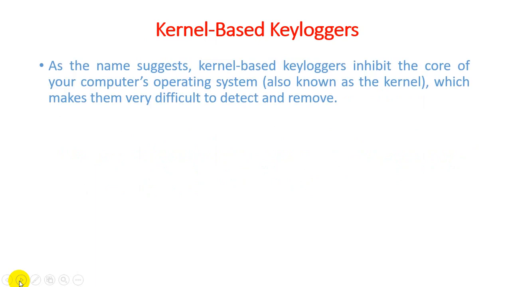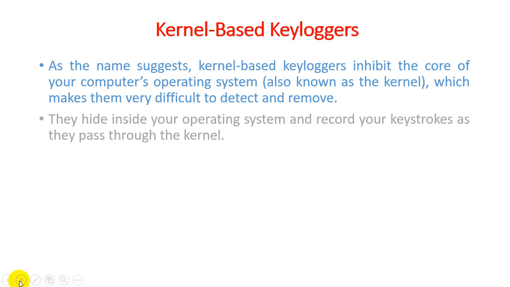Third is the kernel based keylogger. As the name suggests, kernel based keyloggers inhabit the core of your computer's operating system. I think you know very well what a kernel is, the basic or core part of our OS, which makes them very difficult to detect and remove.